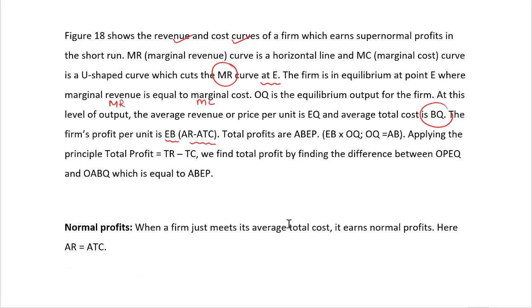Applying the principle of total profit equal to total revenue minus total cost, we find the total profit by finding the difference between OPEQ and OABQ, which is equal to ABEP. Look at one more time.